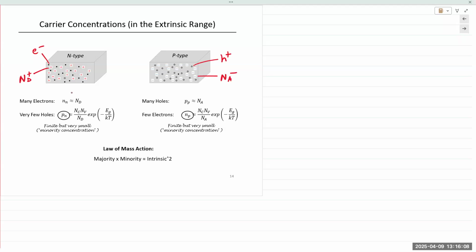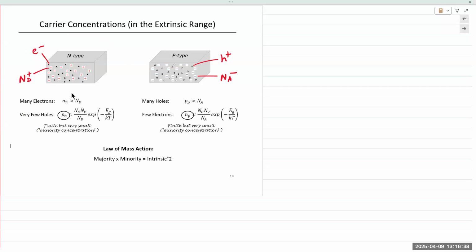Okay, the intrinsic concentration of the charge carriers, meaning the holes and the electrons, will remain the same on both sides. But when you introduce extra carriers, let's say we talk about the N-type material for now. The excess carriers in the N-type material are electrons. The electrons are coming from the donor atoms. So the number of electrons will be approximately equal to the number of donor atoms.